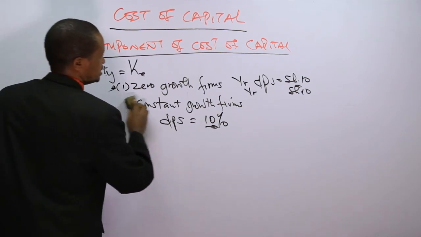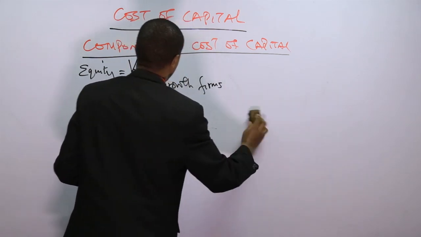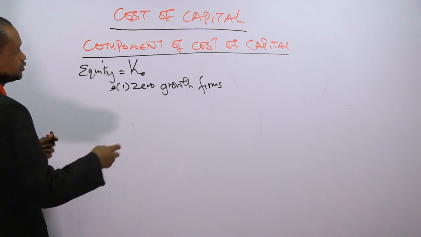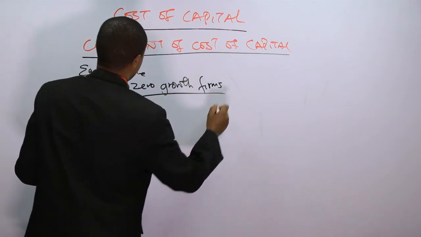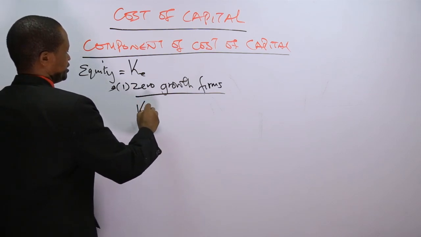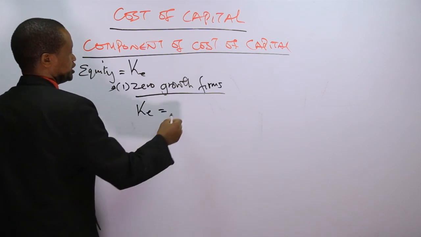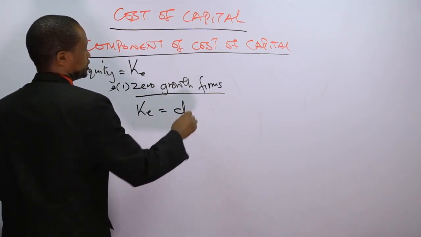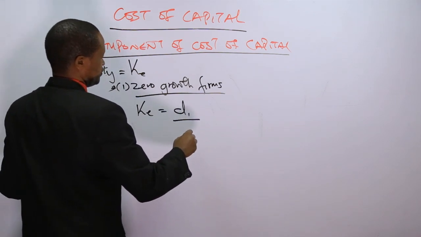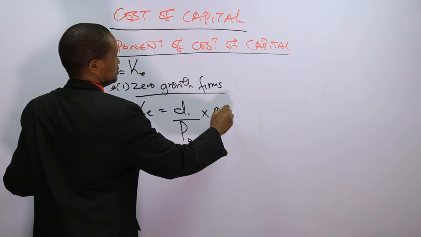So what is the cost of equity for a zero growth firm? It can be determined as follows. KE, which is cost of equity, equals D1 over P0 times 100.